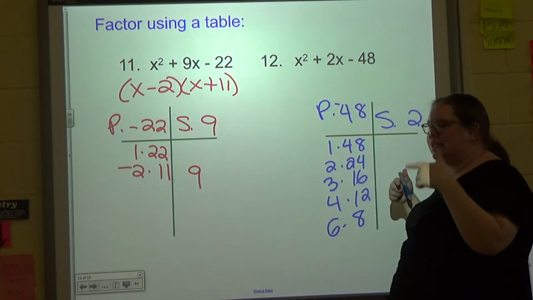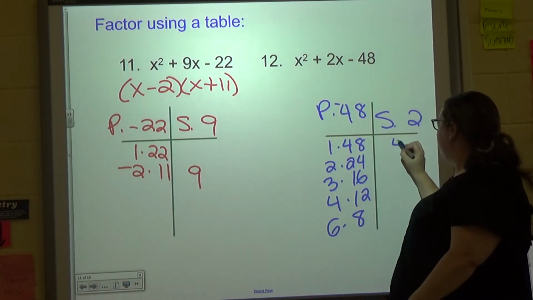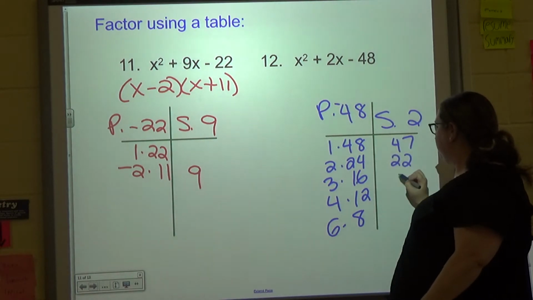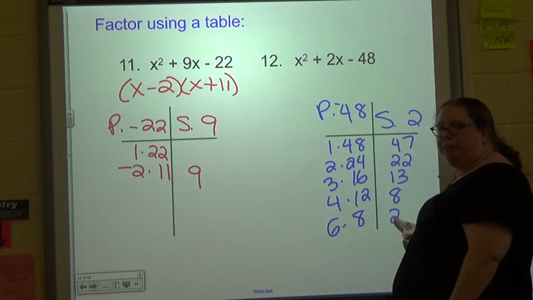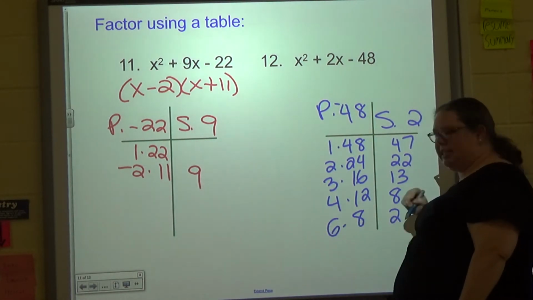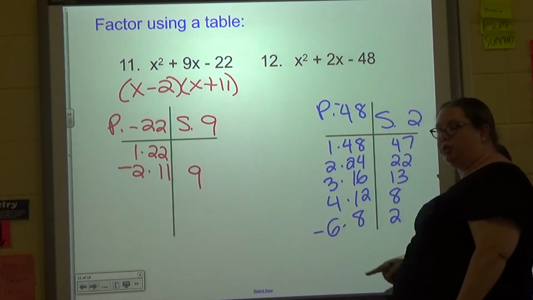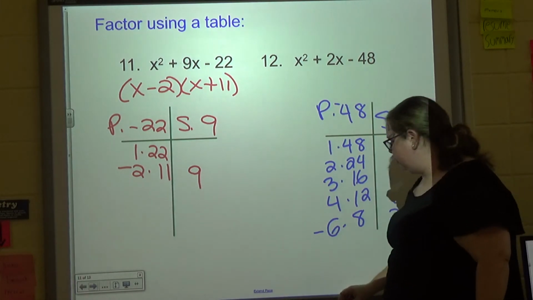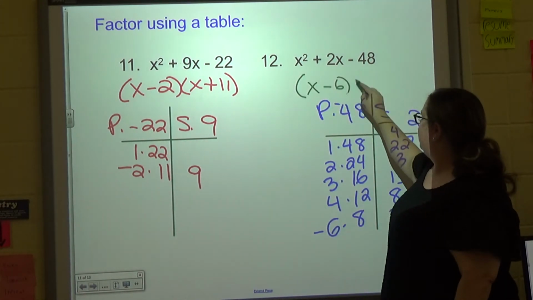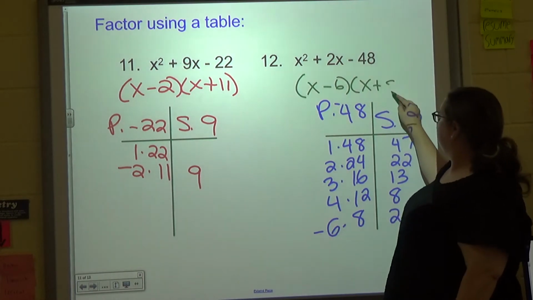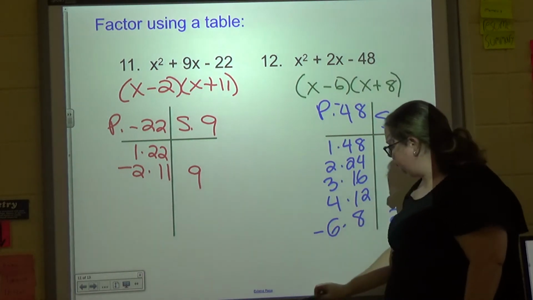So I'm kind of doing this as I go along. I need this to be 47, 22, 13, 8, and 2. I want this to be a positive 2, so which one has to be negative? The smaller number will give me a positive 2. x minus 6 and x plus 8. And that's it.